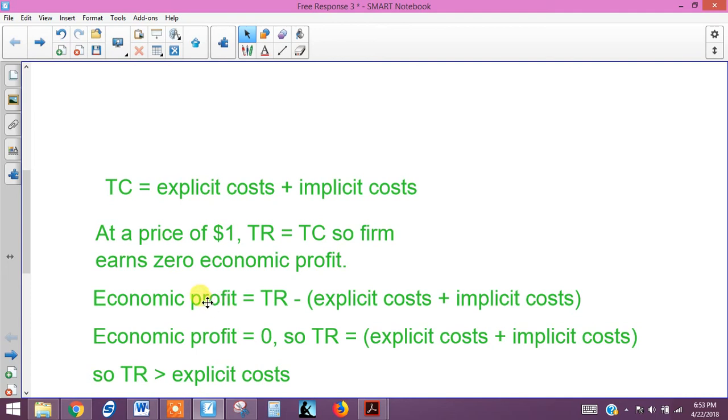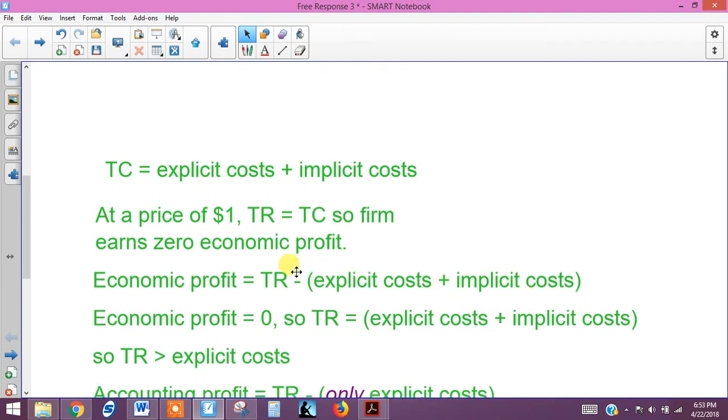Now, we also know that economic profit equals total revenue minus explicit cost plus implicit cost. So if economic profit is 0, then these two have to equal each other.